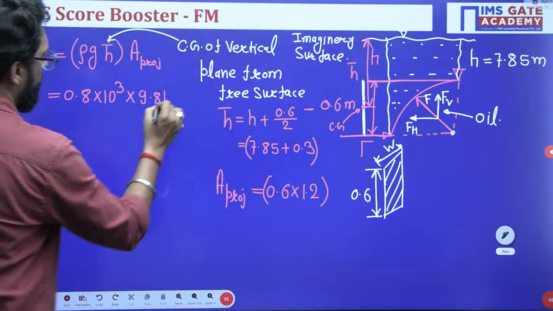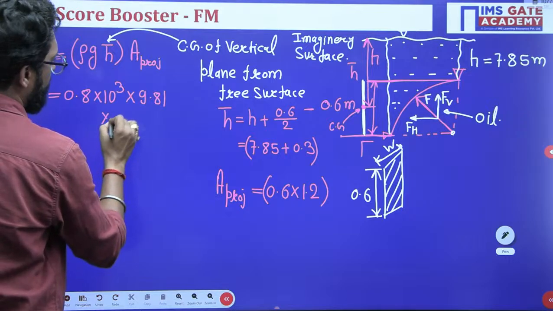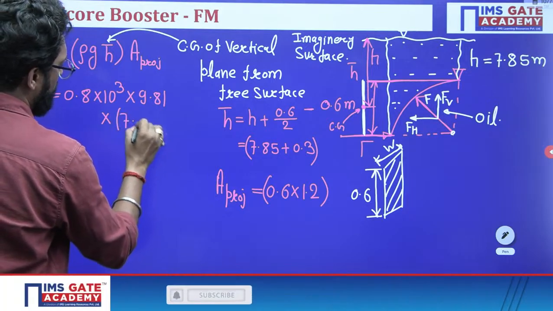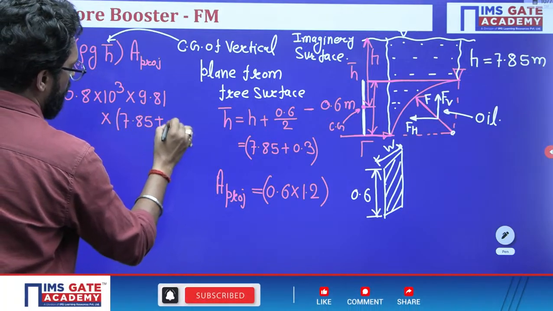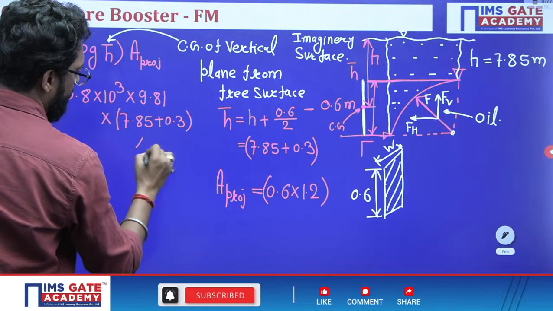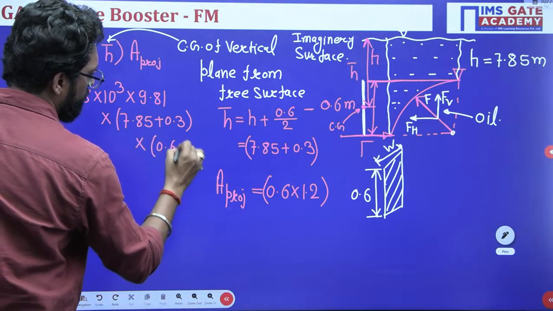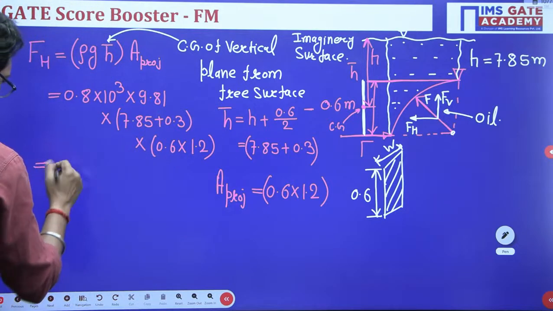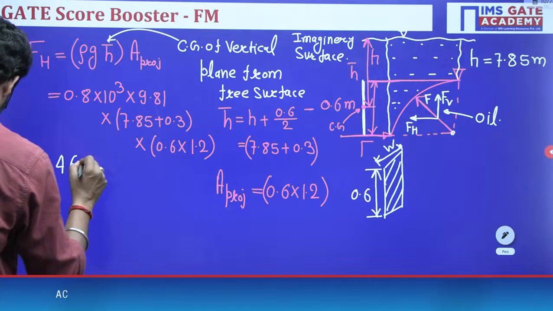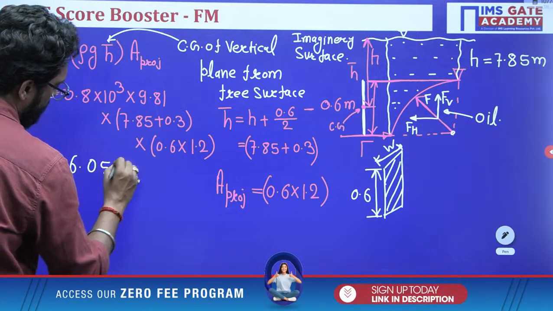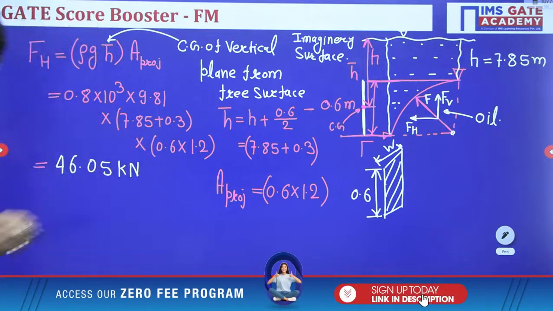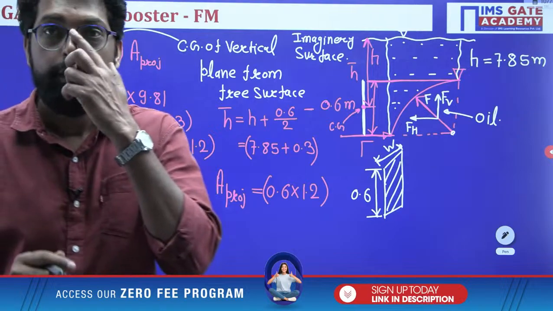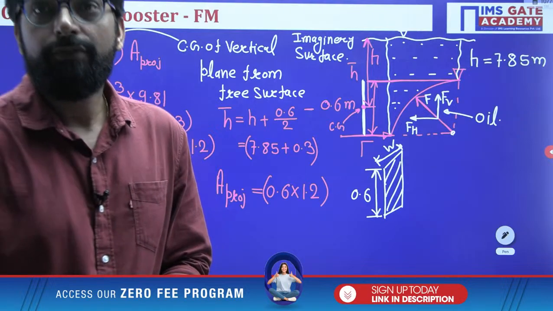Now put this value here, 9.81 into H bar, which is 7.85 plus 0.3, into 0.6 into 1.2. If you solve, this is your 46.05 kilonewton. This is your horizontal force. Okay, Surya, correct me if I am wrong.